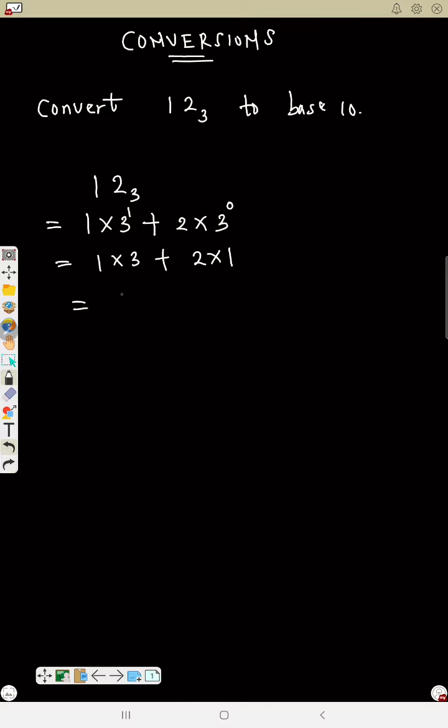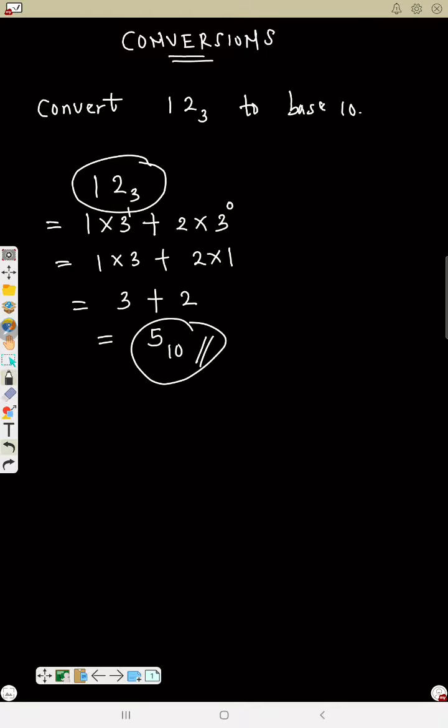Now this will be 1 times 3, 3, plus 2 times 1, 2. So this will be 5 base 10. That means if you convert 12 base 3 to base 10, it is 5 base 10. So that is how we can convert from one base to base 10.